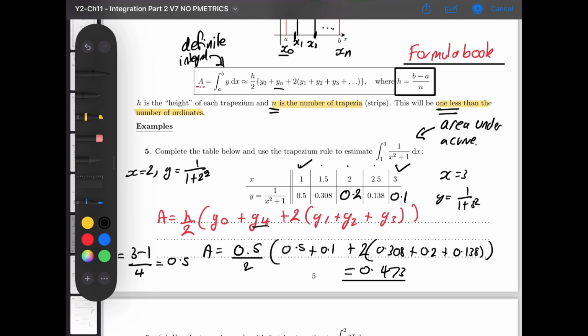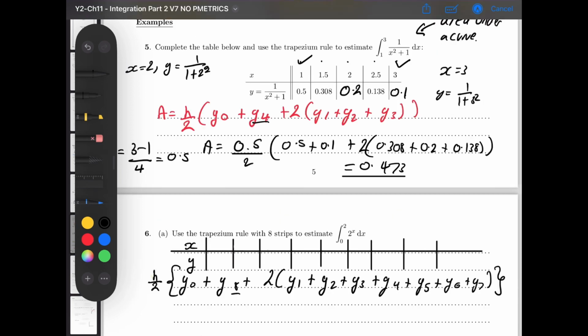Let's go through another example. In example 6, we've got a new curve, y equals 2 to the x, and we're asked to find the area between 0 and 2 using 8 strips. So in that formula, I've replaced n with 8, and it's now time to find the different coordinates to insert into our table.